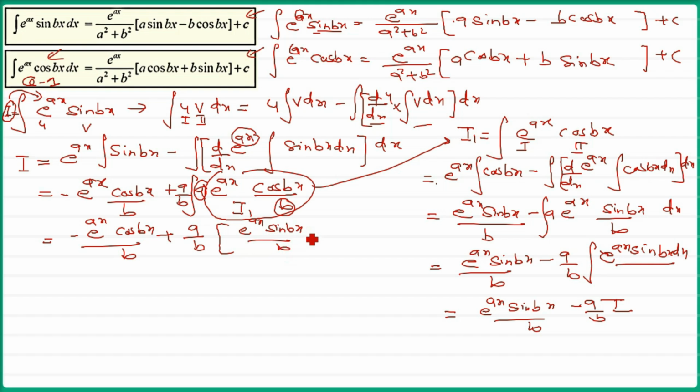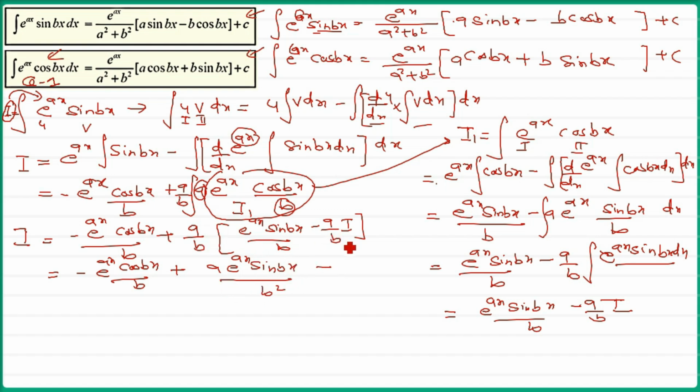So e^(ax) sin bx by b minus a by b, I is already there. So let me write this again, e^(ax) cos bx divided by b. Now multiplying a by b inside. So this will be a e^(ax) sin bx, and this b and b will become b square. Now the second term will be multiplied, a by b into a by b will be a square by b square, I, and I remains here on the left.